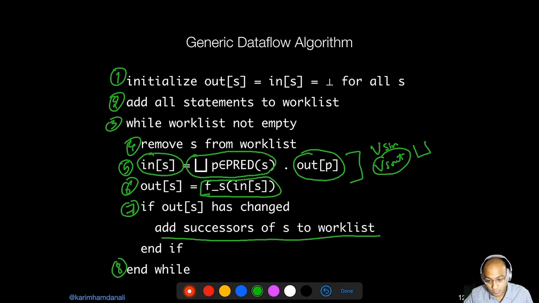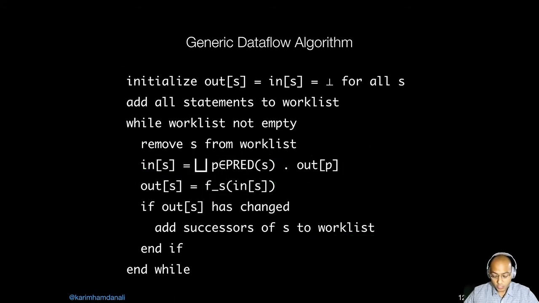So if you check out the last statement of that function, that will give you the value that you're looking for. And that would be the generic data flow algorithm for the monotone framework.